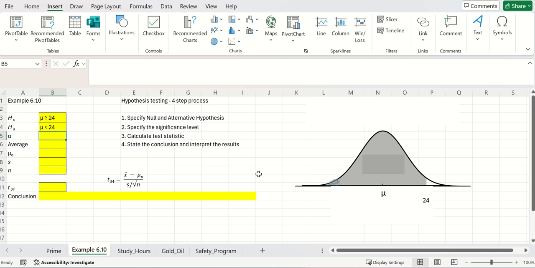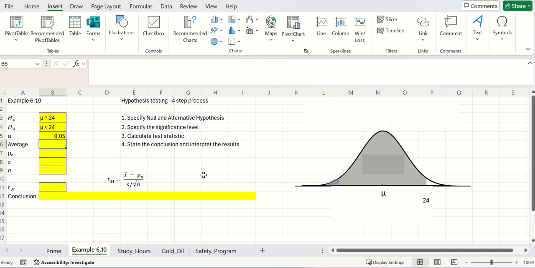The alpha level we're referring to here: we want a 95% confidence interval. Remember, the alpha level is 1 minus the confidence level, so 1 minus 0.95 is 0.05. So this is a 5% tail that is over here.